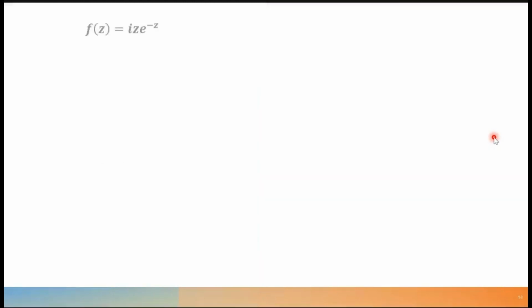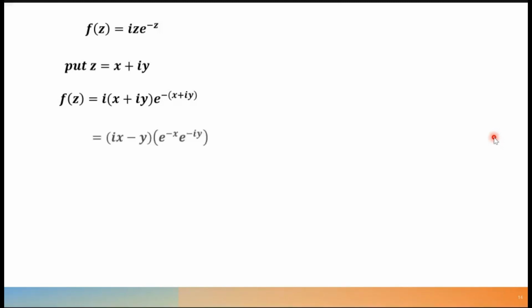Put z equal to x plus iy. So i into x plus iy into e raised to minus of x plus iy. Again, same way as in the previous problem, we have to separate e raised to. So I'll take the minus sign inside.